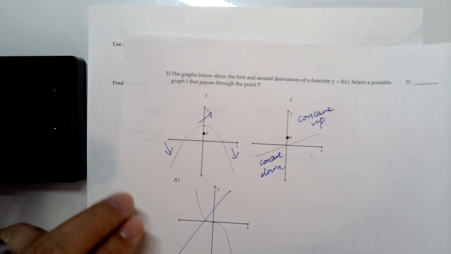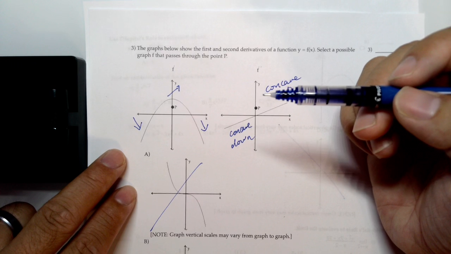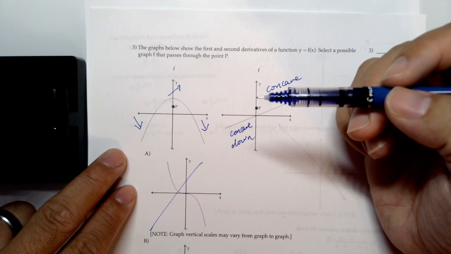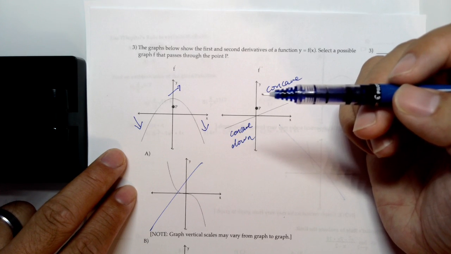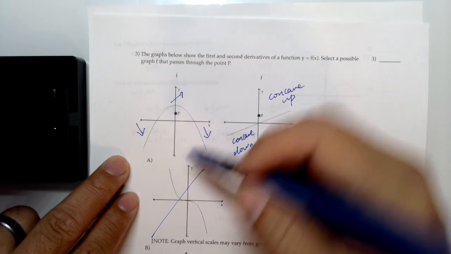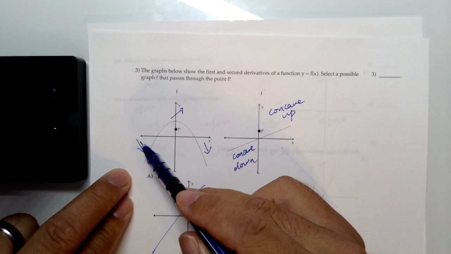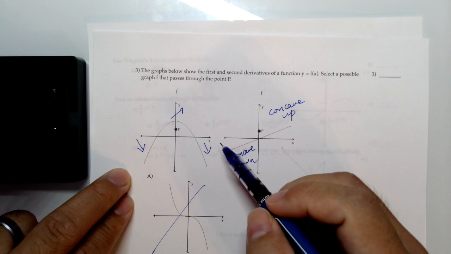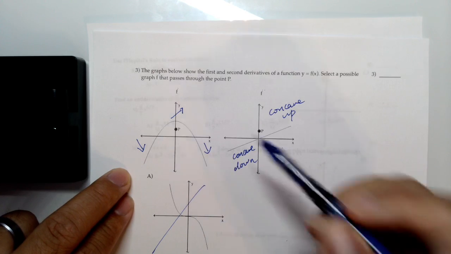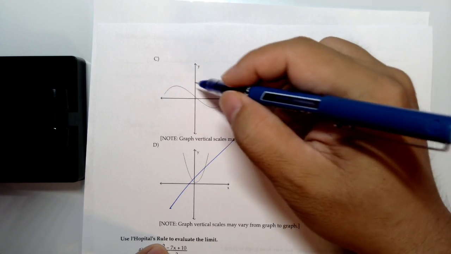Let's go back to here. It cannot be true because the graph for the first derivative is decreasing, increasing, and then decreasing. So this one is also wrong.